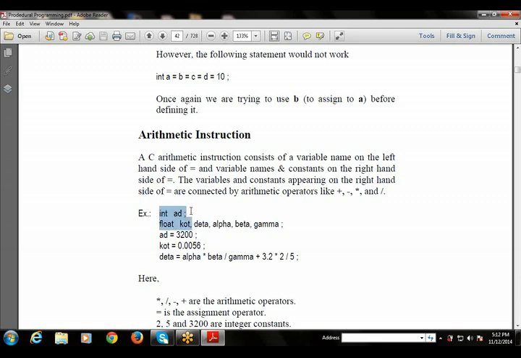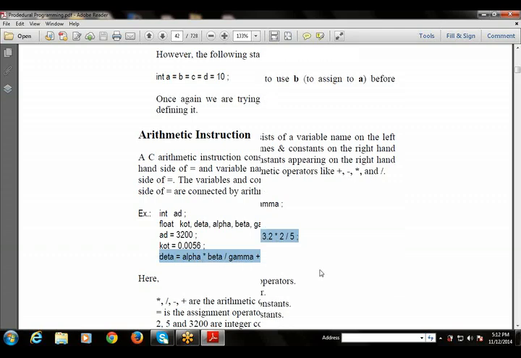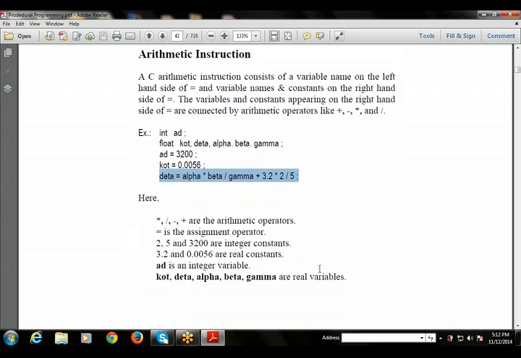First of all, int ad, float kot, data, alpha, beta, gamma, then ad equals 3200, kot equals 0.056, then data equals alpha into beta divided by gamma plus 3.2 into 2 by 5. Here, these are the arithmetic operators: plus, minus, divide, multiply.